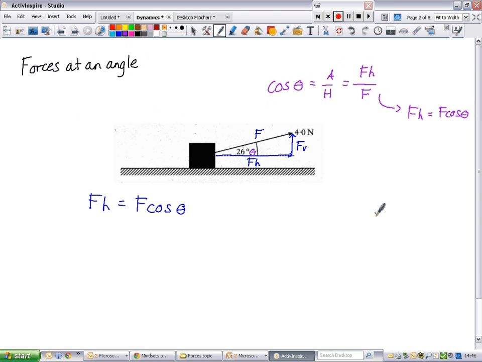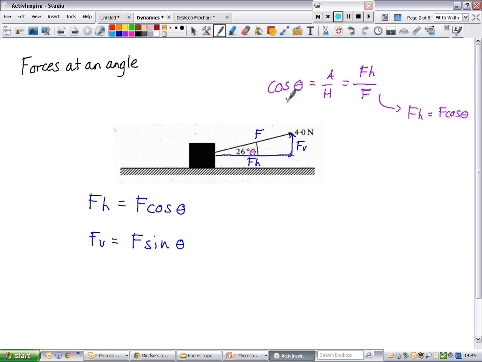And you can do something similar for this side here. FV, the force in the vertical direction, will be F sine theta. And the F sine theta comes from it's opposite over hypotenuse, so it's FV over F, and we just rearrange it in a similar way to up here to give us F sine theta.